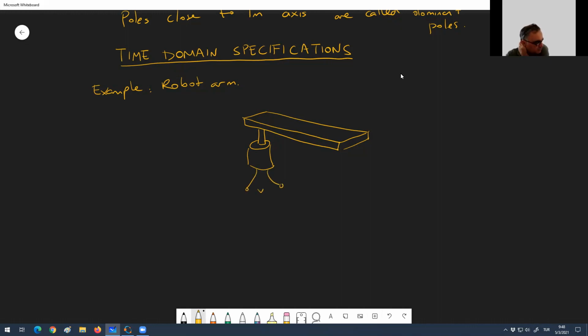You apply a voltage to one end, and there is a, let's say, a control box here. Let's not talk about the details of this control box.